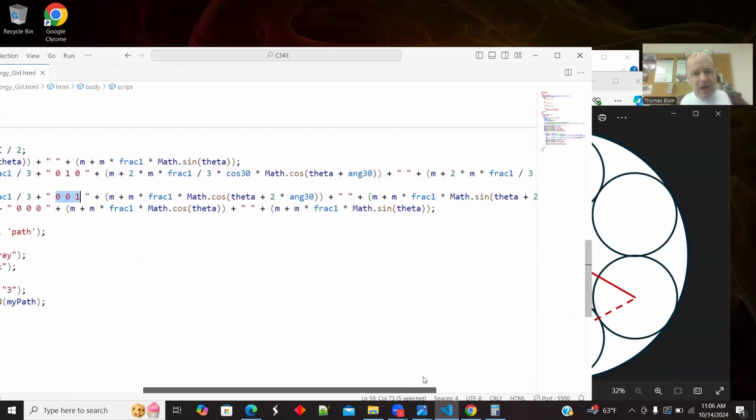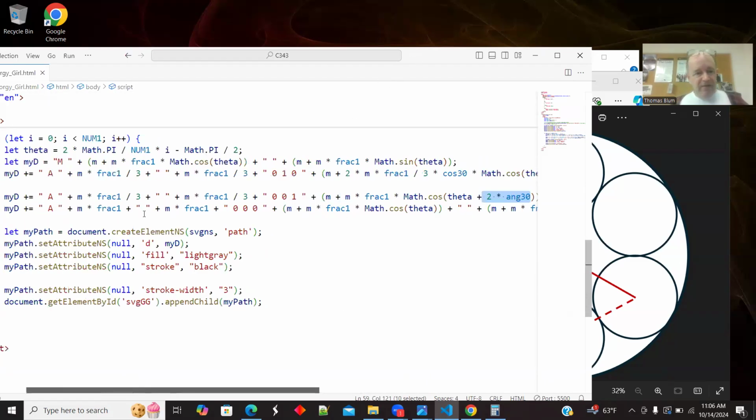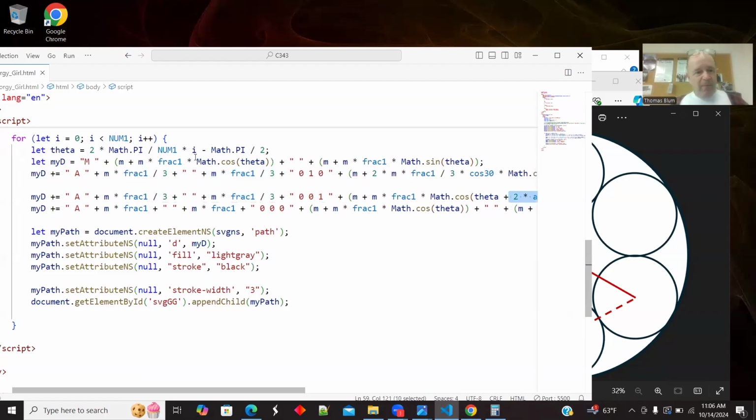And this is the point on the edge, 60 degrees later. And then I finish up going back to the original starting point, m frac cosine of theta and sine of theta with the full radius. And then I add the path and fill it in.